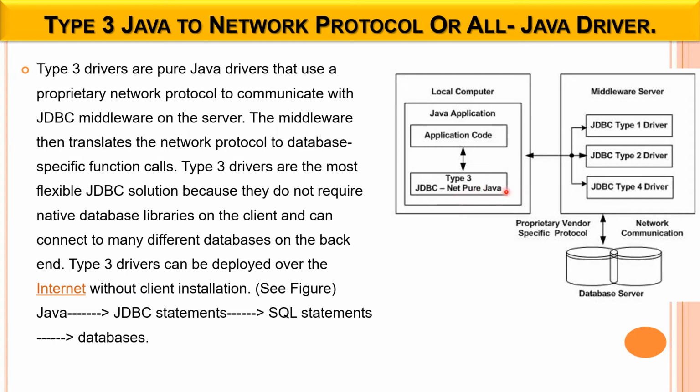Then there is the middleware server where JDBC type 1, type 2 and type 4 drivers are installed, and that gets connected with the database server where the network communication is done and the proprietary vendor specific protocol is activated. So the JDBC statements are concerned with the SQL statements and the database. That is the working of type 3, Java to network protocol.